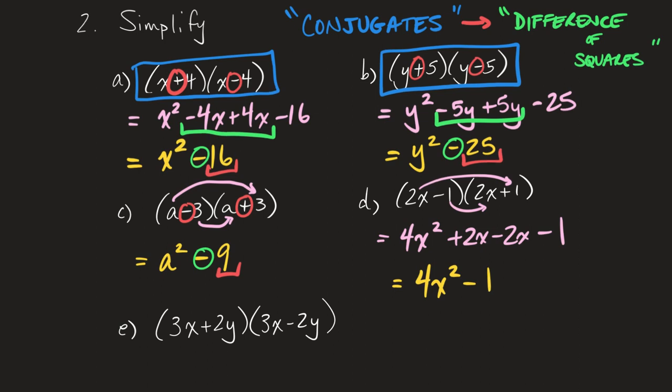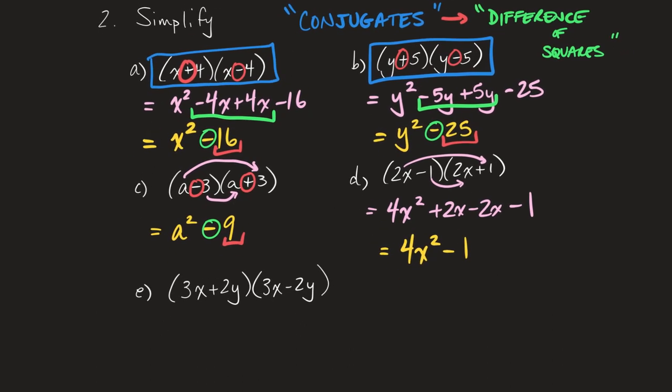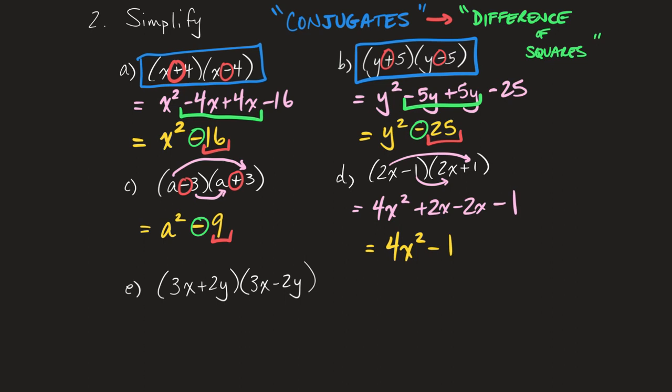And so what I would love for us to do as we take a look at problem E, I would love for us to recognize what's in front of us first and react, as opposed to blindly expanding all the time and then having to simplify.